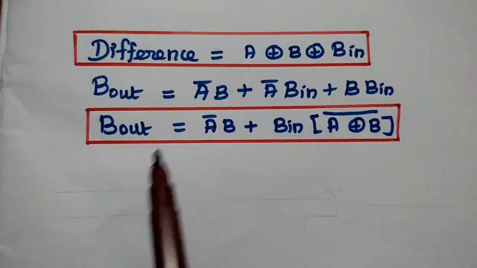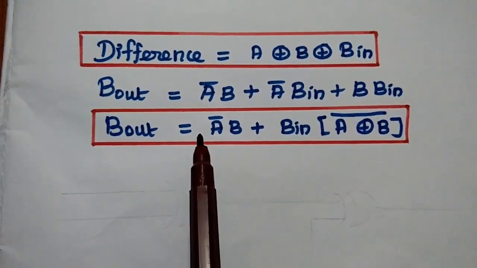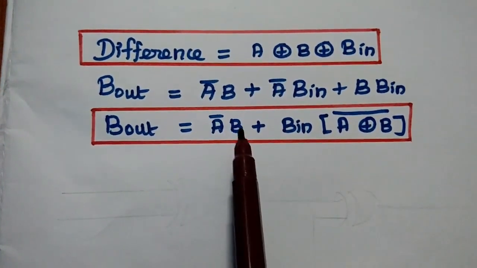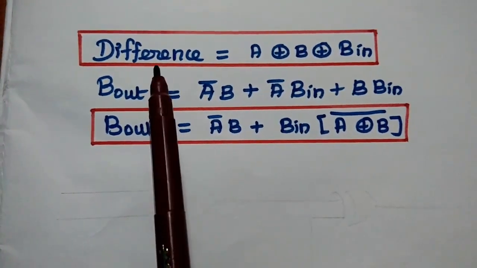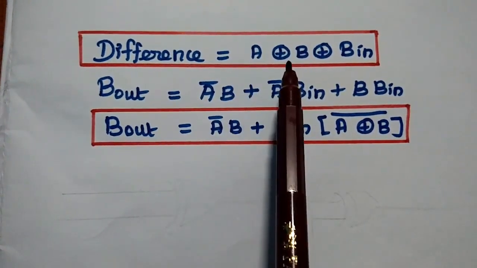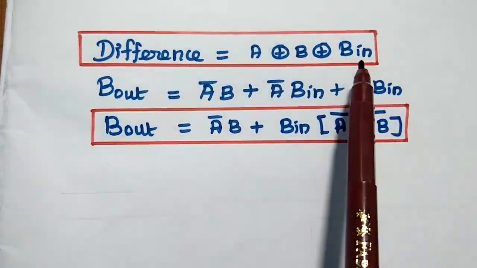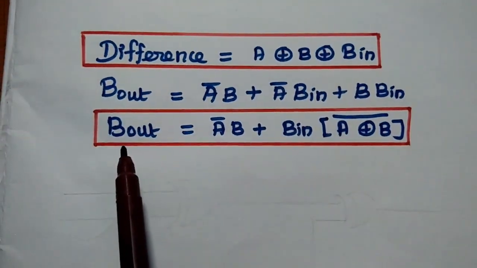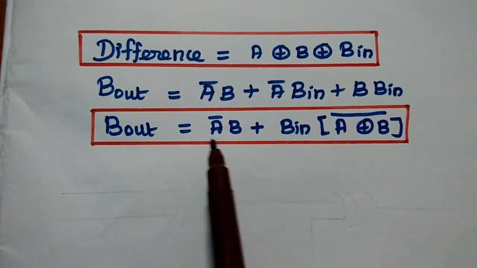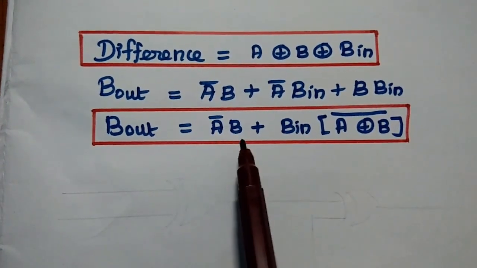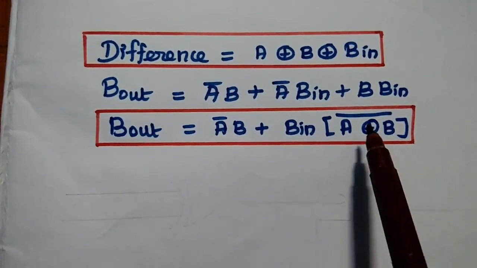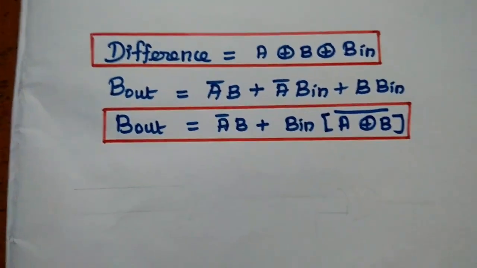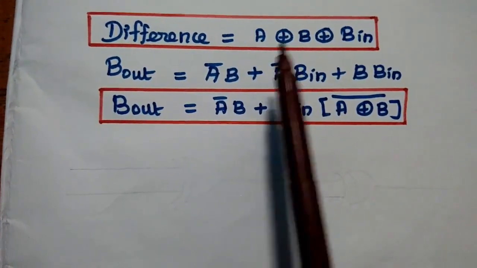Next we are going to draw the logic diagram for full subtractor using these two expressions. So difference is equal to A XOR B XOR B in. The borrow at the output side is equal to A bar B plus B in multiplied with the complement of A XOR B. So let's start with the first two inputs.